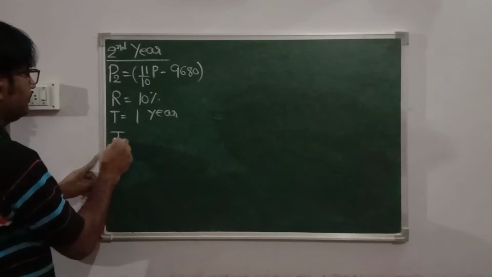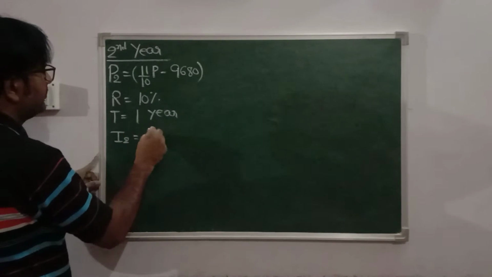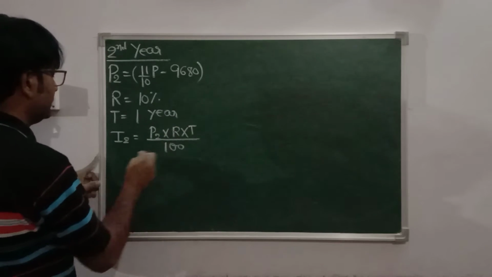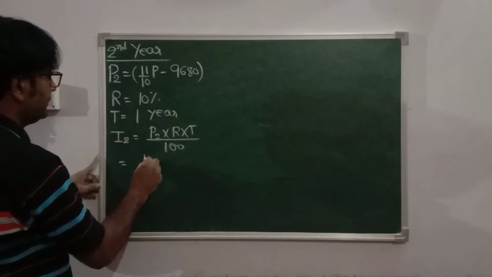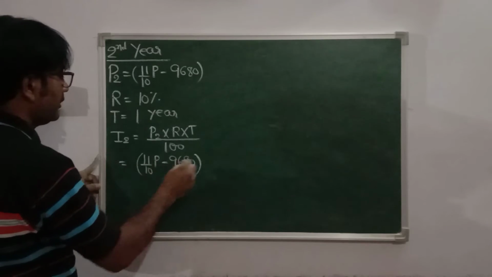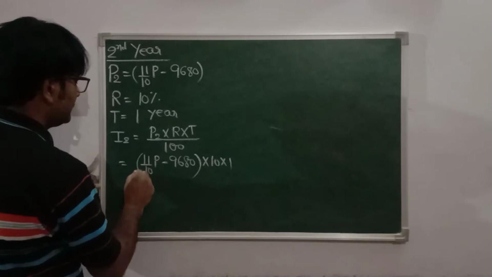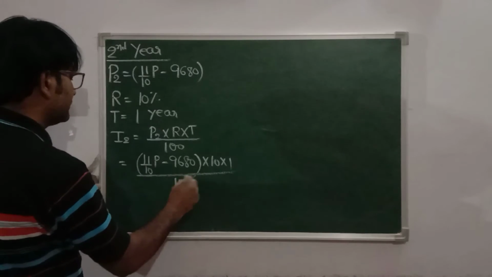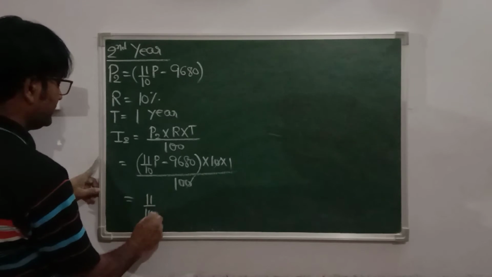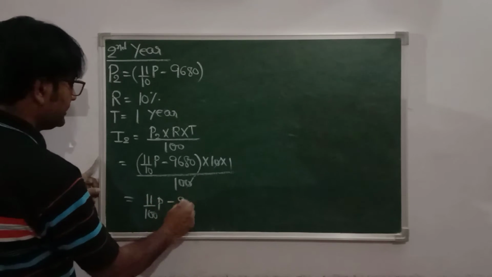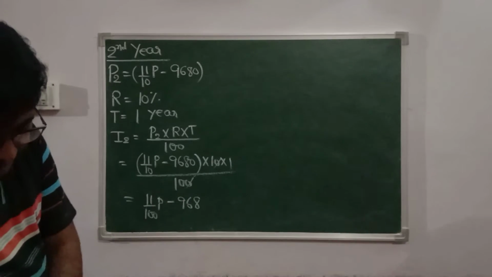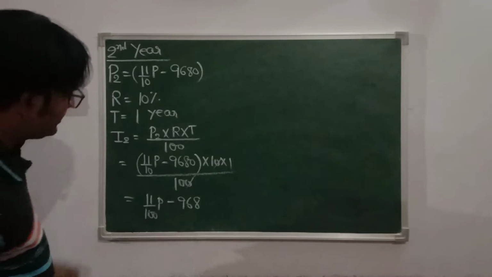So what is I2? P2 into R into T by 100. P2 is 11 by 10 P minus 9680, into 10 into 1 by 100. The first 0 cancels, so it comes to 11 by 100 P minus 968.